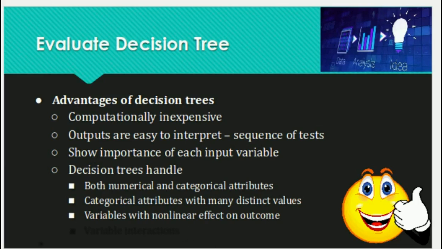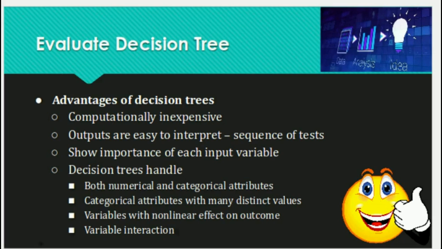For highly non-linear problems, decision trees naturally handle variable interaction. Every node in the tree depends on the preceding node in the tree. So these are certain advantages of decision tree.